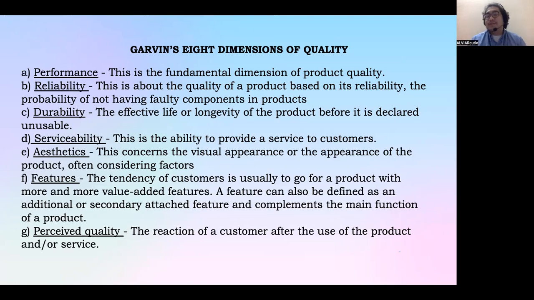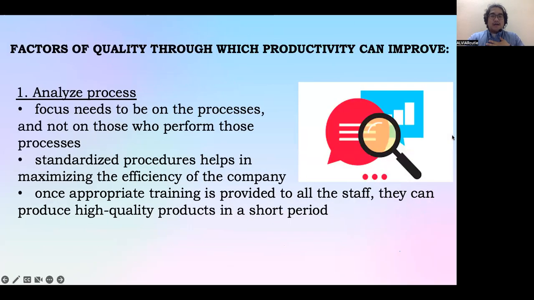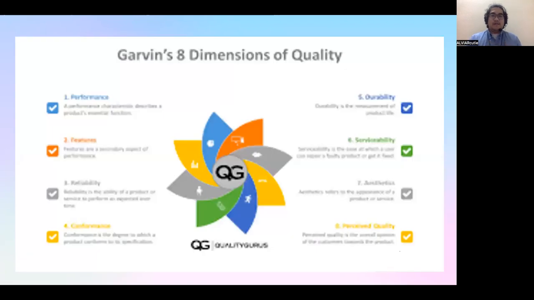That's the perceived quality. Ay salamat, nakatapos sa Garvin's Dimensions of Quality. So, this is a simple explanation pero mukhang malabo 'tong nakuha ko. So, at least nai-discuss ko na.